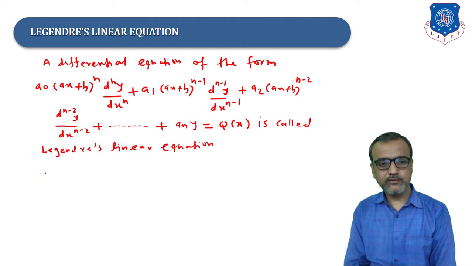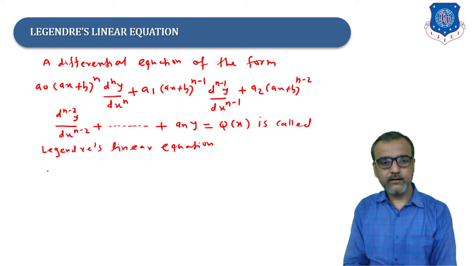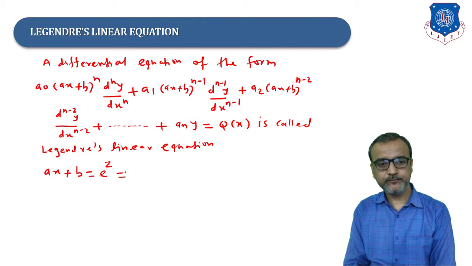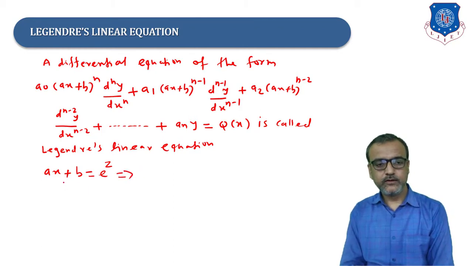To solve this differential equation, let ax + b = e^z. Now, differentiating this equation with respect to x, a will be as it is, derivative of x is 1, b is a constant so its derivative is 0, and the derivative of e^z is e^z, and z is a function of x, so we have dz/dx.